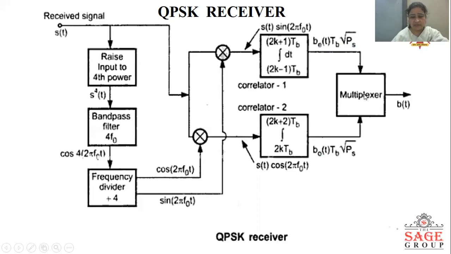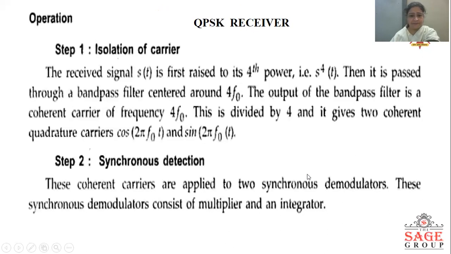So this multiplexer will take b_o(t) and b_e(t) alternately. That means odd bits will be taken from the lower input and even bits from the upper input, and alternately even and odd bits will be combined in the form of 2 bits and generated at the destination end.